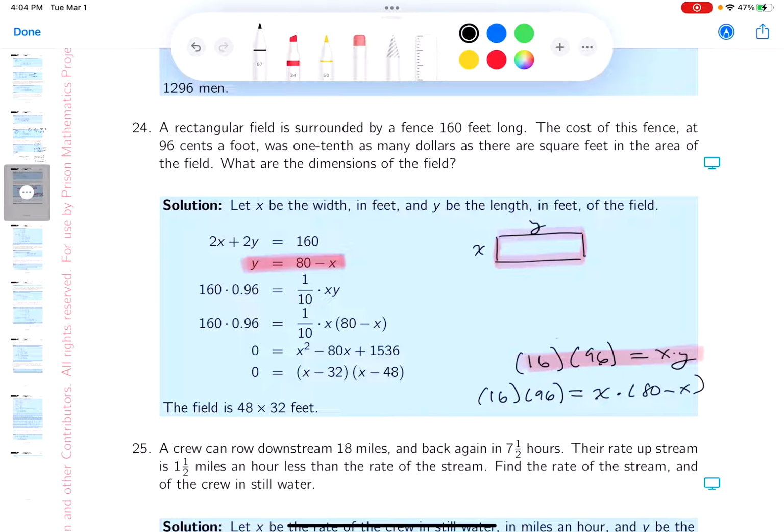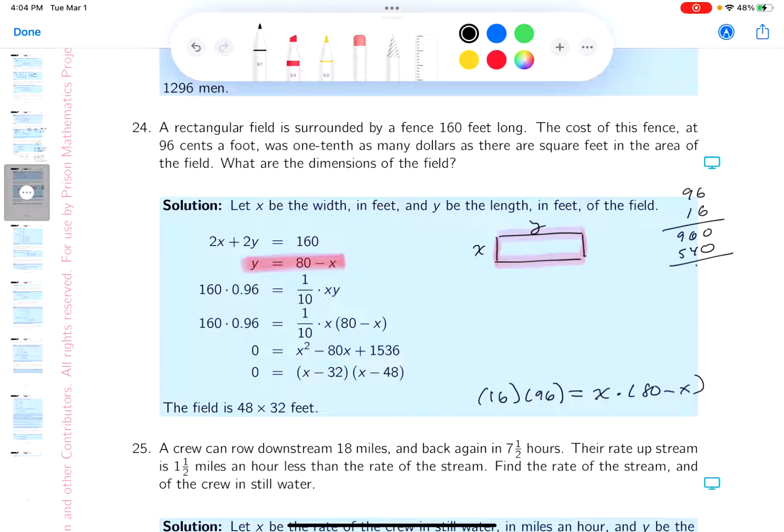Let me get my eraser out. I'll erase this business now. I don't need it anymore. I got to get busy with working now. And I got to do some multiplications. All right, I'll write that down for you. I got to do 16 times 96. Well, it's certainly going to be 960 because 10 times 96 is 960. 6 times 90 is 540.